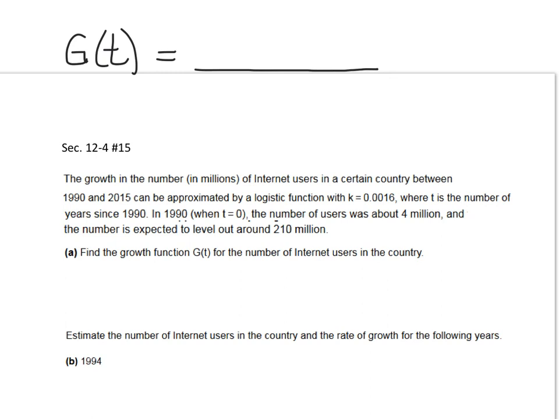And the numerator of the rational expression is m times g sub 0. And we'll talk about what those constants are in a second.